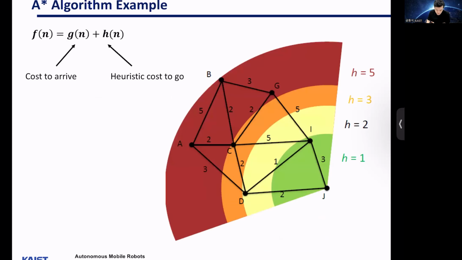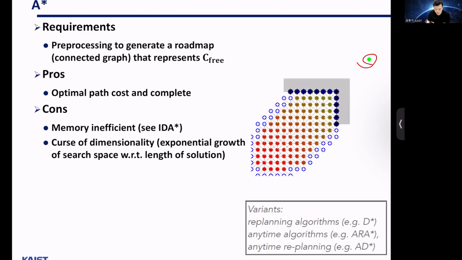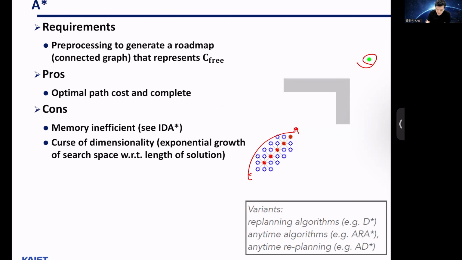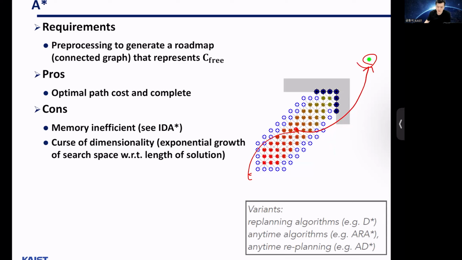So let me maybe I mixed that terminology. So cost to arrive would be the cost to get to, let's say, this point. And then from here to there, this is going to be cost to go.